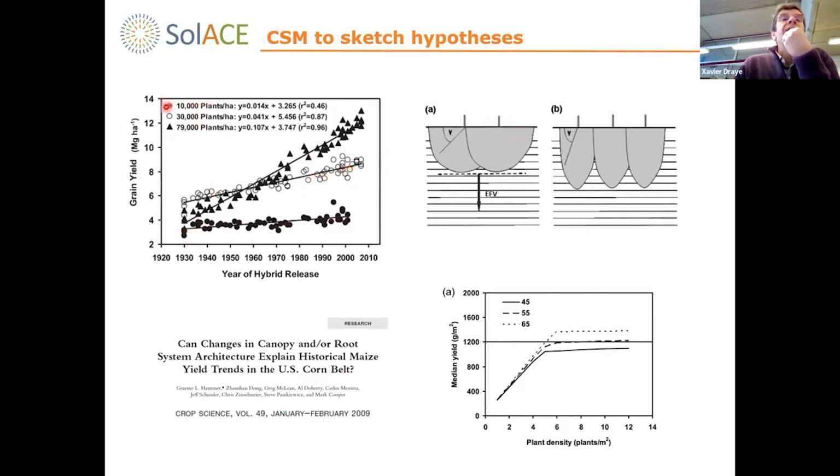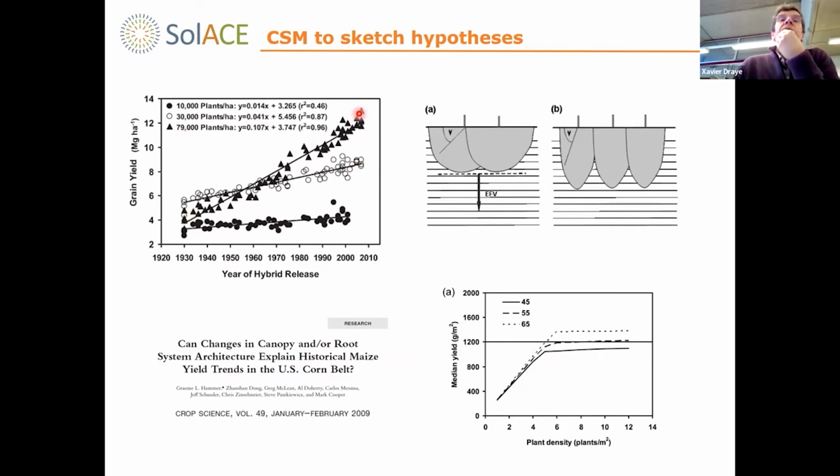But surprisingly, the genotypes that we have today are more able to exploit space. If we increase the plant density, so the number of plants per hectare, we see that at low density, the increase has been of less than 1 ton. At medium density, the increase was about 2 tons, but at high density, the increase has been bigger.